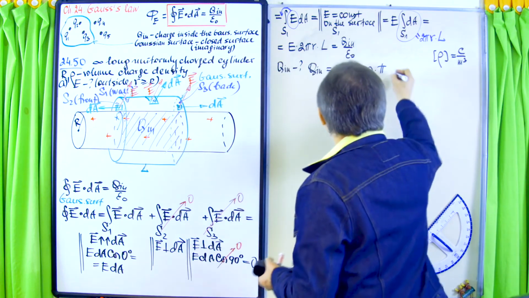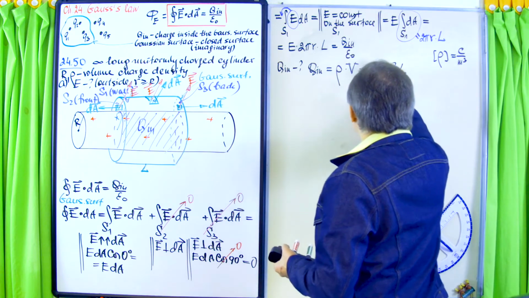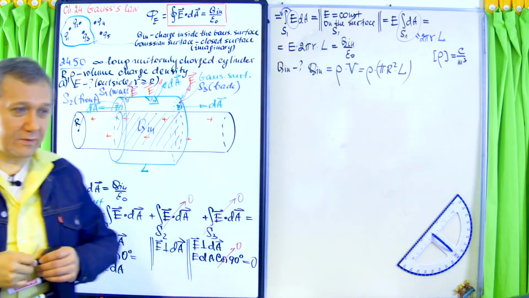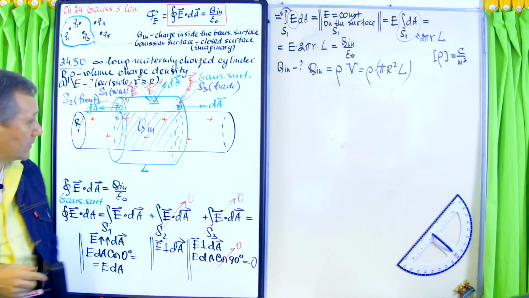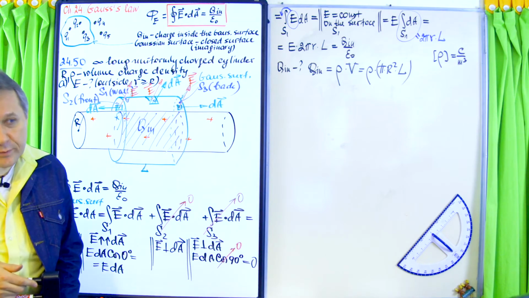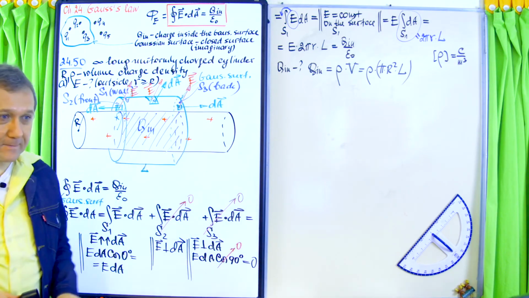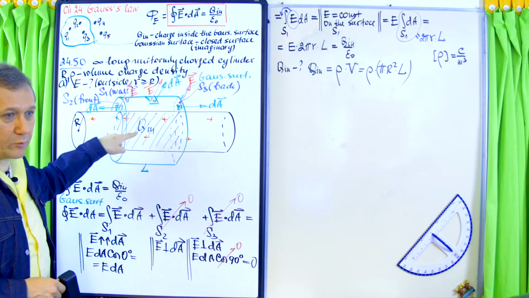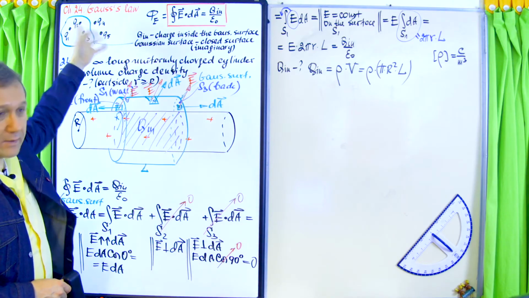So it's pi R squared times L. So that's the volume where the enclosed charge is. Again, it's geometry which you just need to imagine and draw nicely. Because if I take charge over here, for example, it's not within our Gaussian surface. We must not count it. It's like these charges.